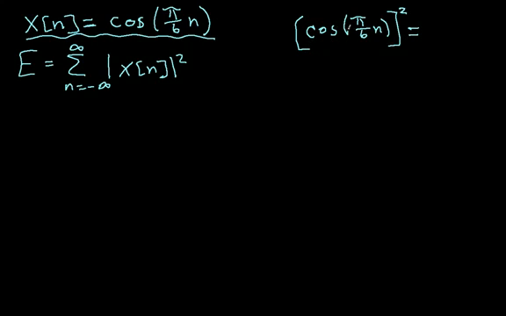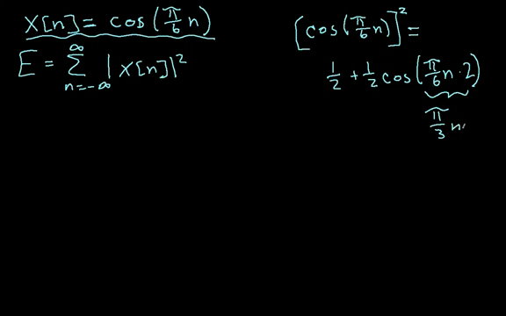The cosine of something squared is 1/2 plus 1/2 times the cosine of that something, in this case pi over 6 times n, times 2. And so I can write this now as pi over 3n.